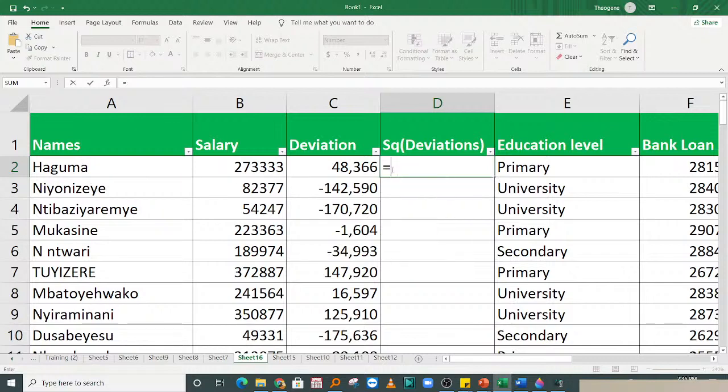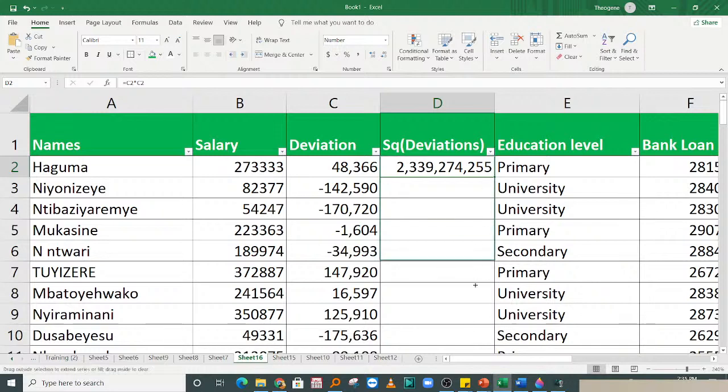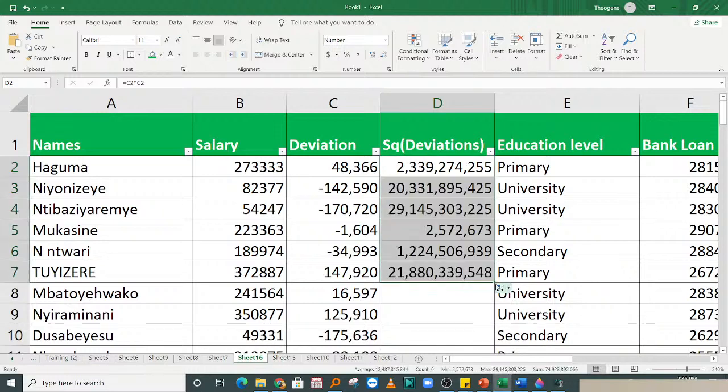It is this number squared, or we can multiply it by itself. There's no problem if you multiply it by itself like this. That is the square of this number.